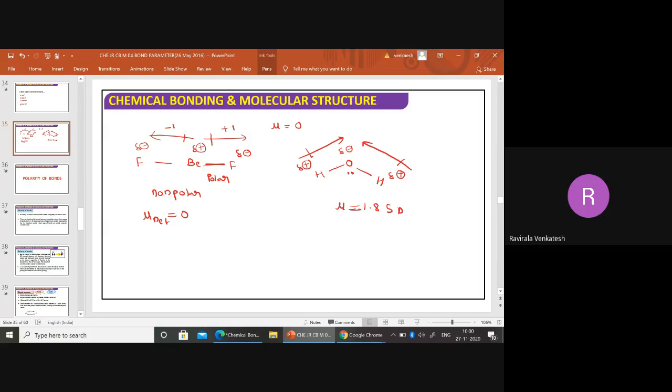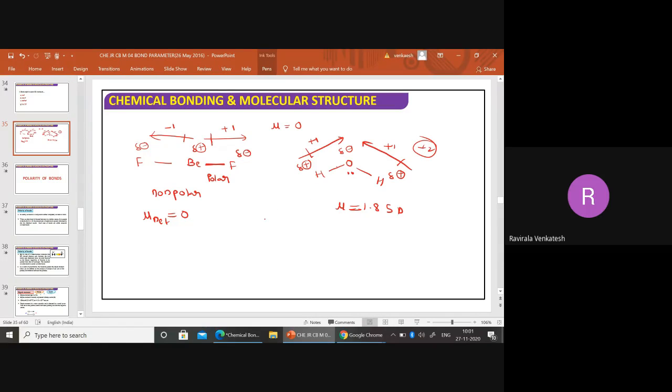Here we don't have any lone pair on beryllium. In water, both are moving towards oxygen. Maybe something like +1, and it is also moving in the same direction, not the opposite direction. It will be +1, so total +2 actually. So here you can't say it is 0.